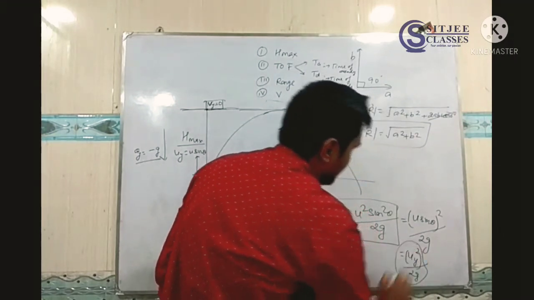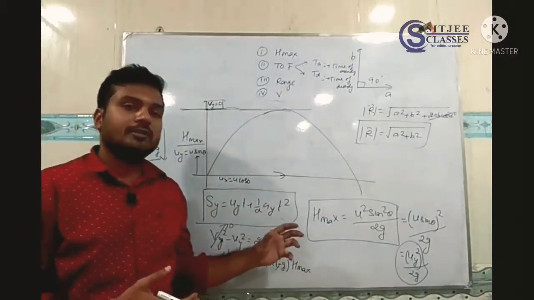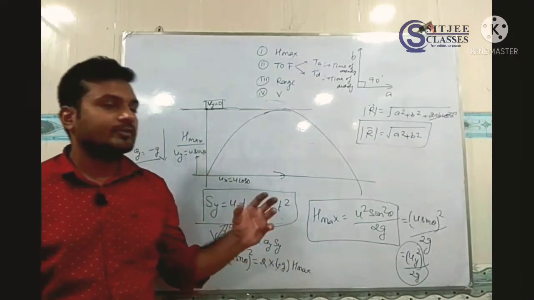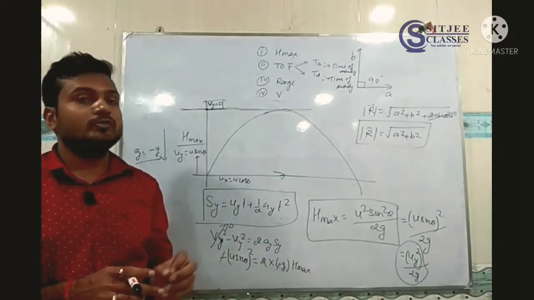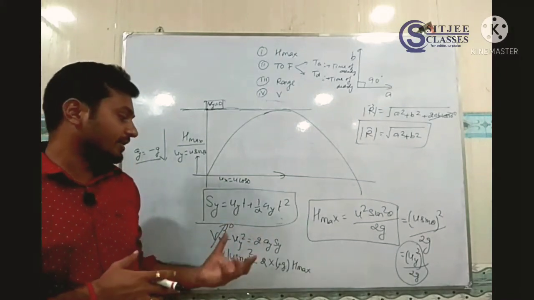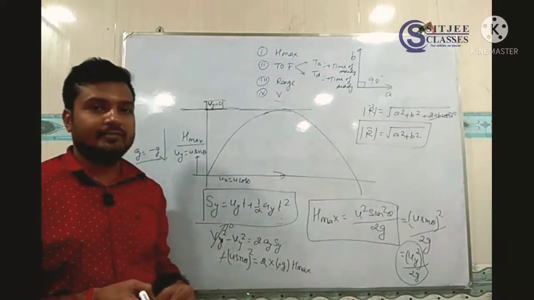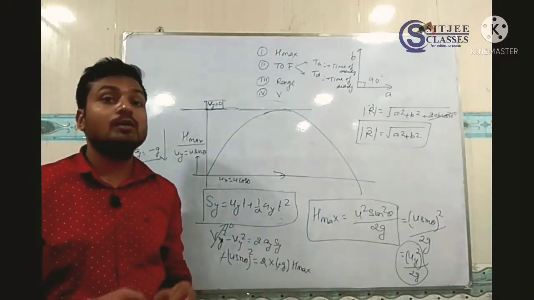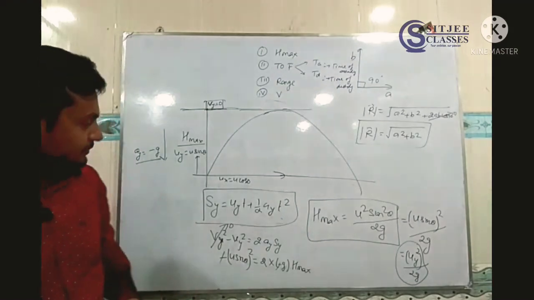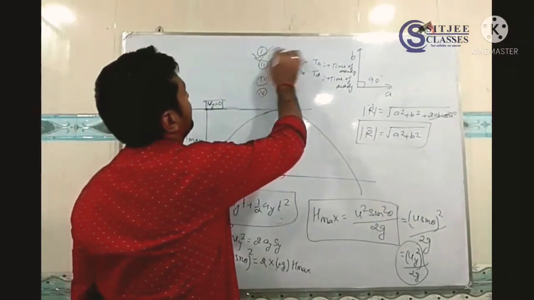But I suggest you in projectile, don't remember too many formulas. Develop your concept in a very simple way, and whatever questions come, you try to apply in a broken-down format, because the questions are not coming directly, they are coming from intermediate steps of the derivation. Unless you are very comfortable with this derivation, it will be difficult for you. So don't just mug up the formula, that is not going to help. Clear? So this is the way we have calculated H max.